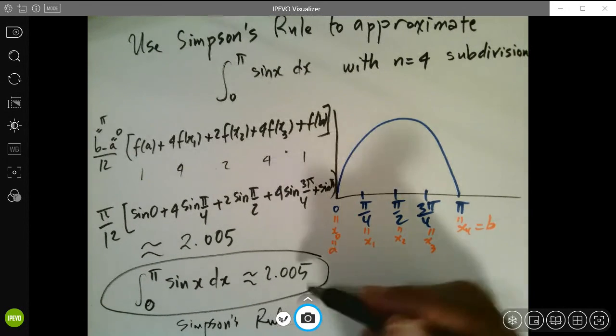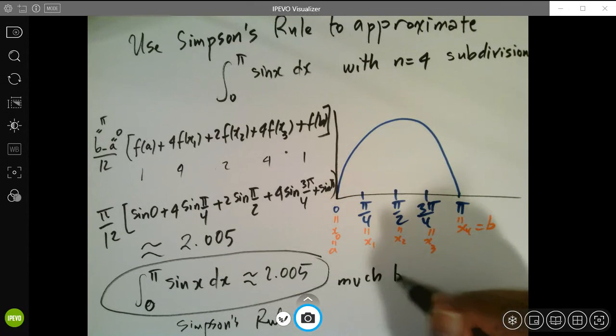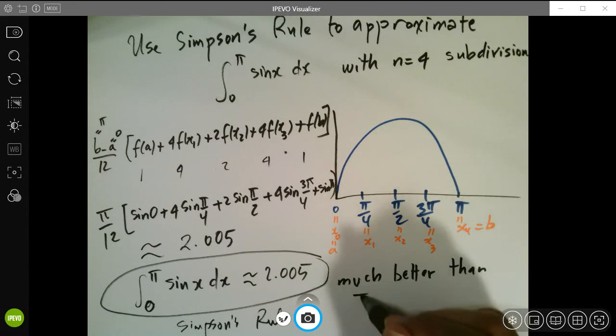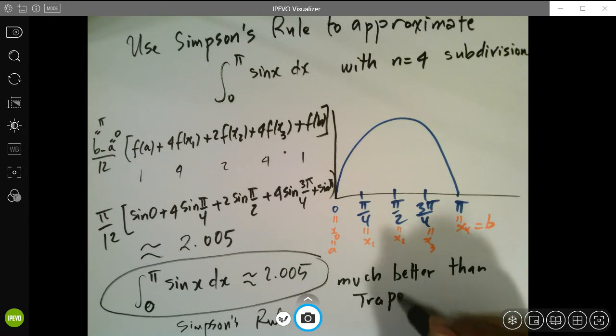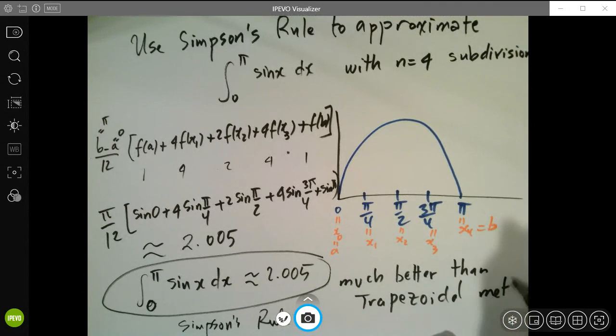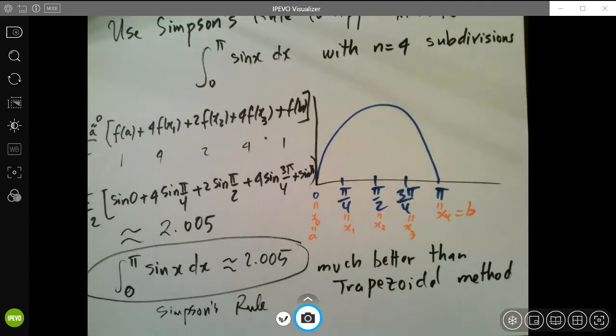And this one is much better than the trapezoidal method. If you remember, the trapezoidal method gave us 1.89.